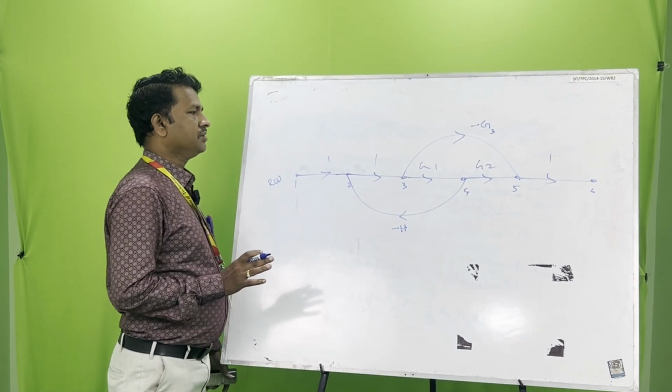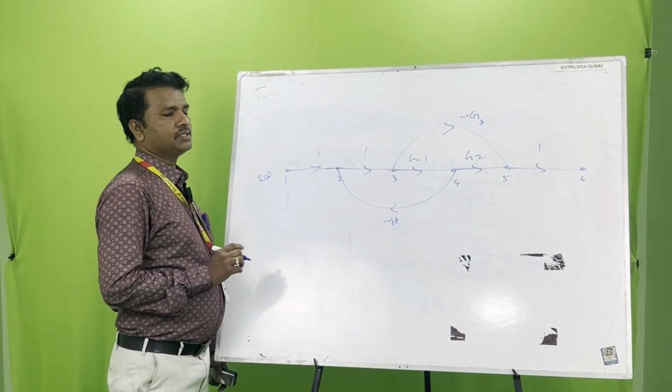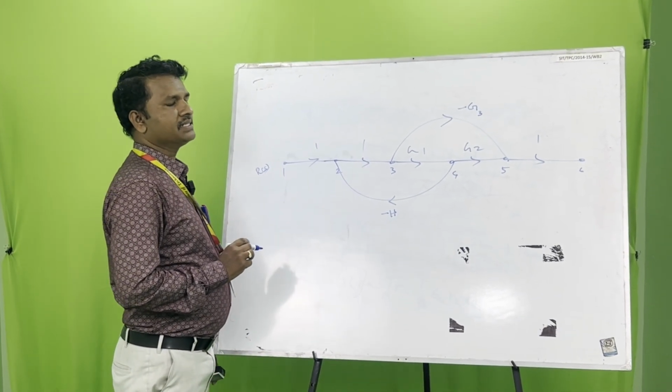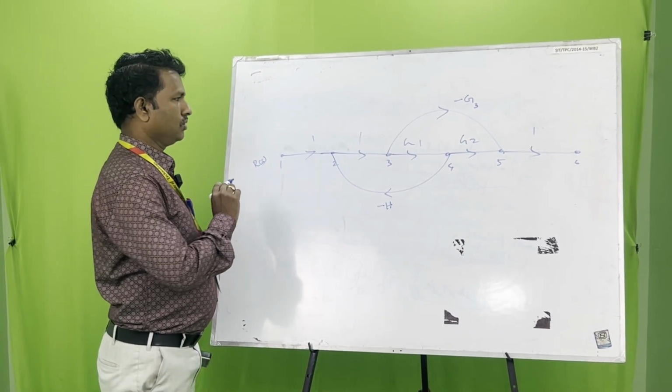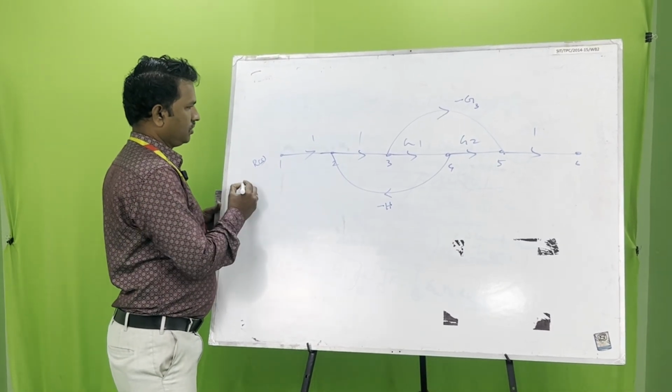Forward path, as I told you, is a straight line from the input to the output. It is only one straight line. Look at this figure.